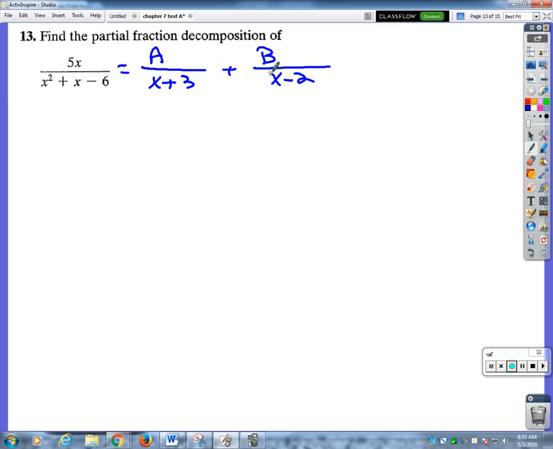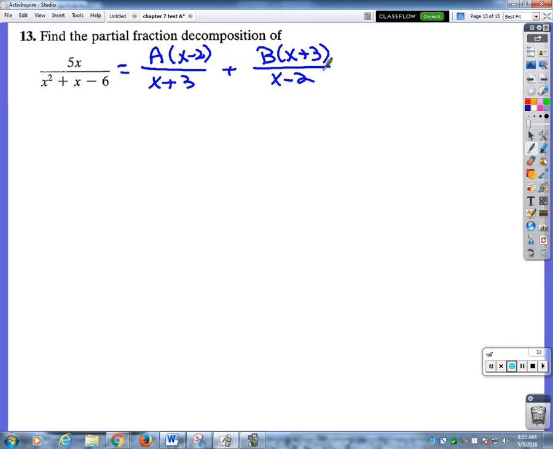You'll get the same answers for A and B, but they'll be switched around. So what do I have to multiply x plus 3 by to get this? X minus 2, so I multiply the top by x minus 2. Then this x minus 2 I'd have to multiply by x plus 3, so I'm going to multiply the top by x plus 3, right?